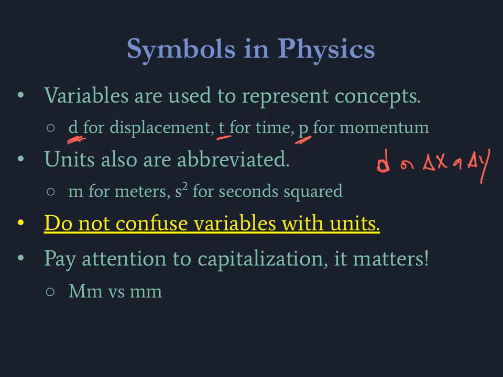We also use symbols for units, and some common ones that we're going to use are lowercase m for meters, lowercase s for seconds. In this case, we also have a superscript 2, so s squared, which stands for seconds squared.